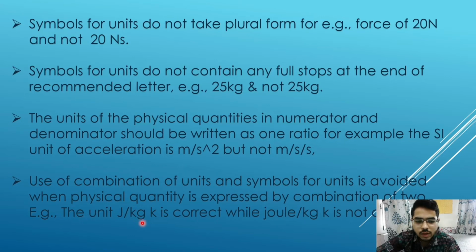Example, the unit J per kg K is correct while joule kg K is not correct, as we have to not write the complete word. We have to use only the symbols, that is for joule it is J. If these rules were not made, then we would also write that J is equal to joule, kg is equal to kilogram, and K is equal to Kelvin, which will become lengthy. So we are writing in the short form symbolically.